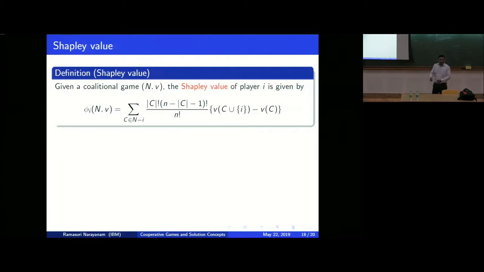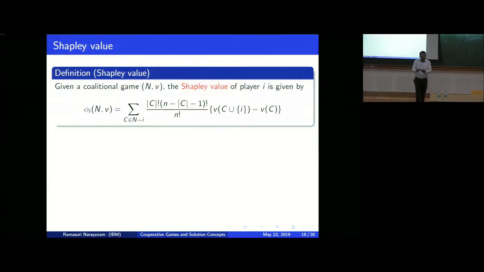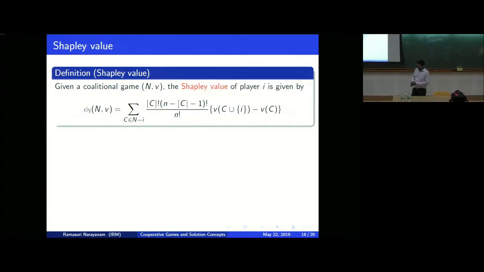C's are nothing but subsets, subsets of N minus {i}. I'm worrying about the ith player, so the ith player should not be part of the set C. So you remove i from the system, you are left with N minus {i}. Look at all possible subsets of N minus {i}, namely C's, and you fix a particular C. This is the expected payoff because of this probability. This is called the expected marginal payoff that the ith player adds to the subset C.